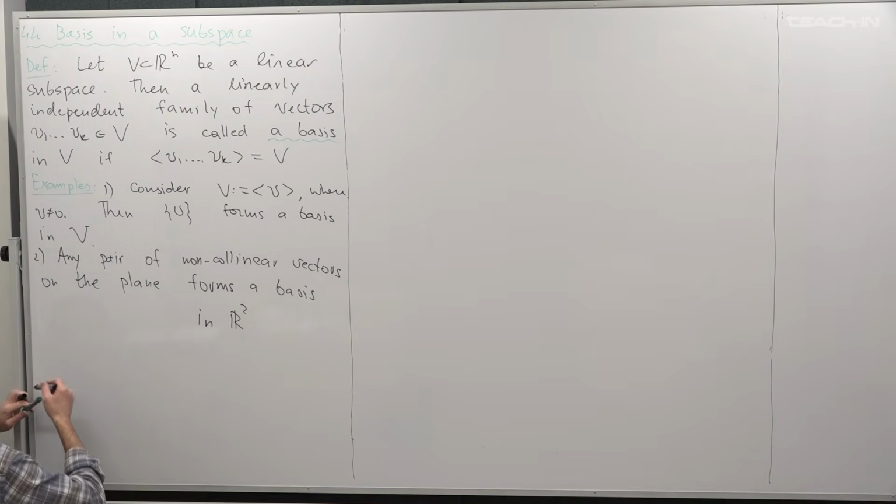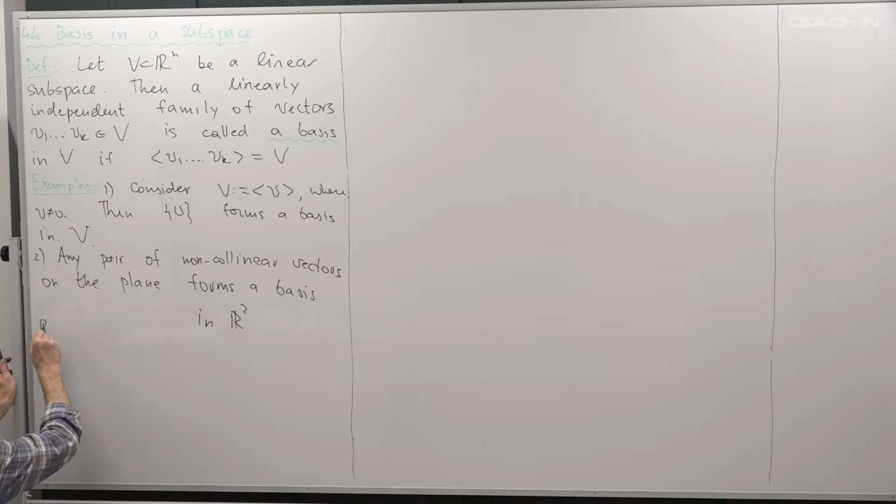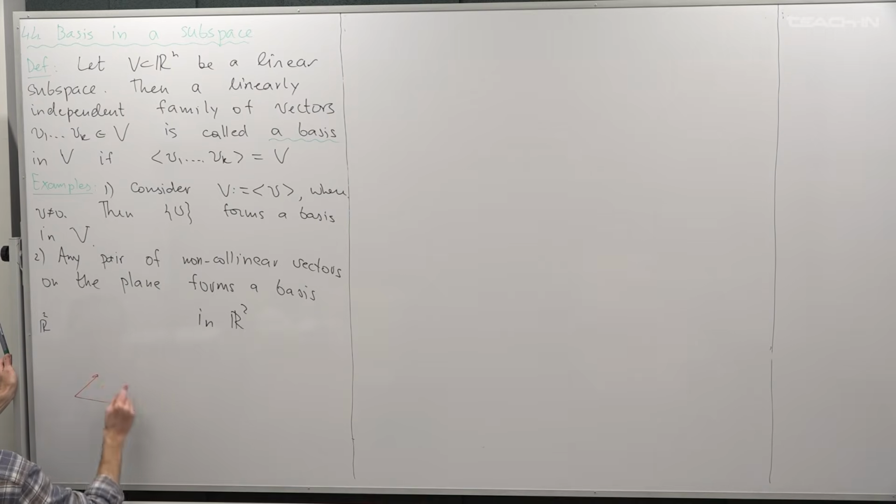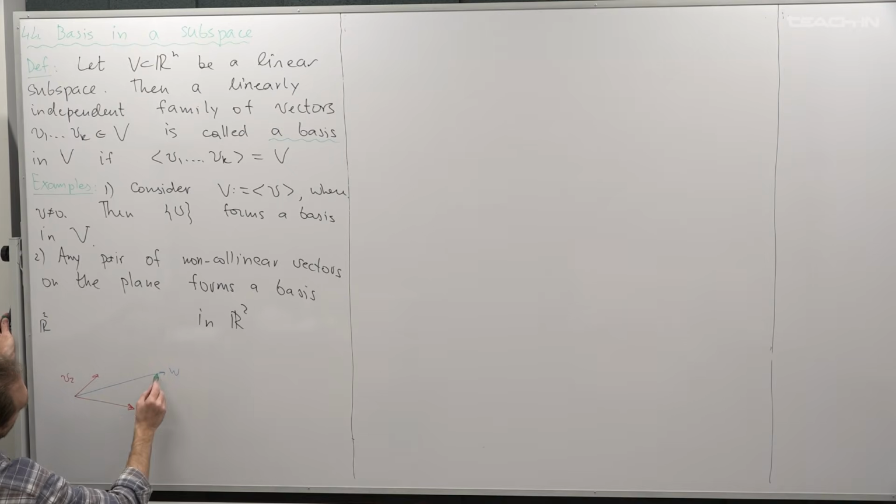So consider R2, and a pair of non-collinear vectors v1 and v2, and any vector w. As we did before, we can just draw lines that are parallel to the lines that contain v1 and v2, like this.